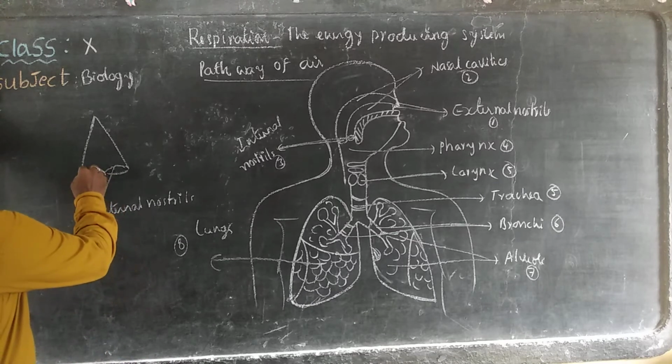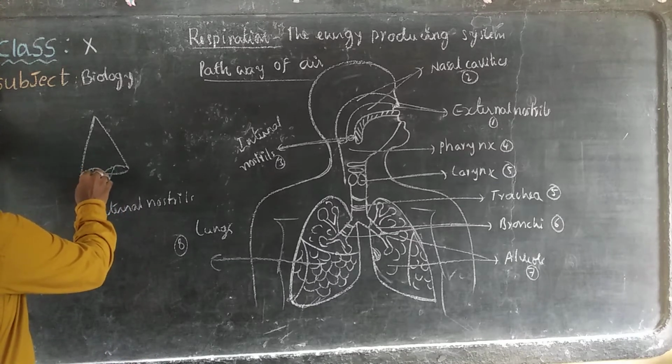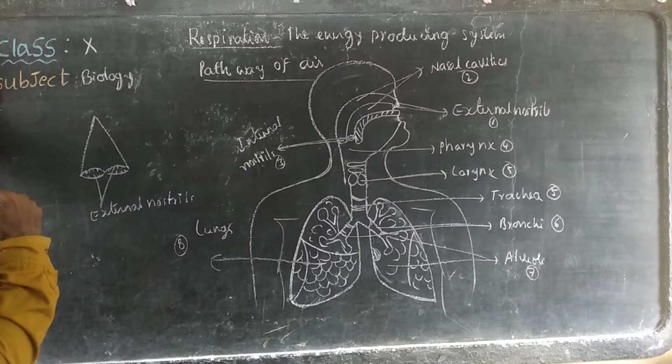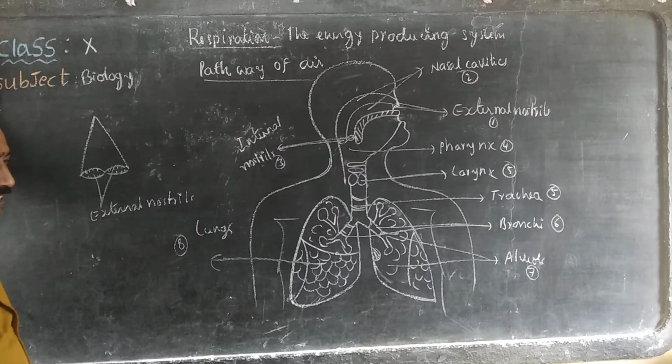These external nostrils are internally lined by small hair-like structures called filters.